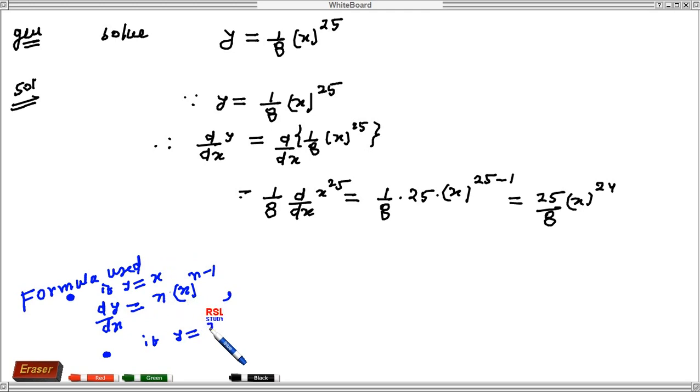These questions and previous questions were based mainly on this formula. This formula is also used along with it in some questions. This is the constant you will take outside, so d/dx of x will finally be 1.